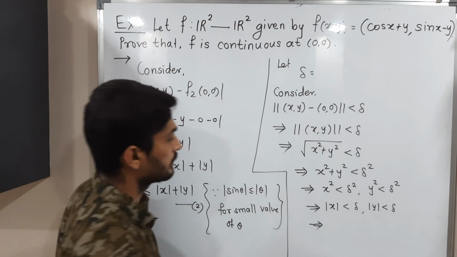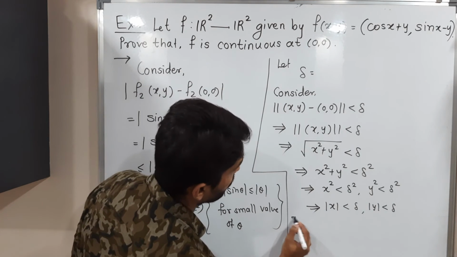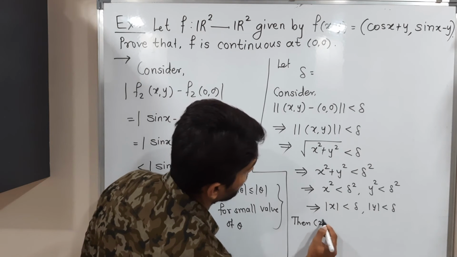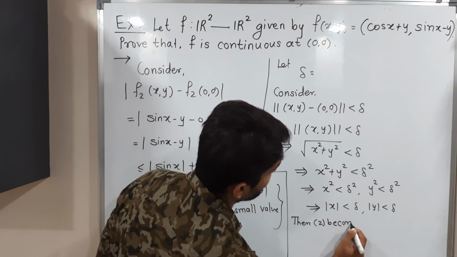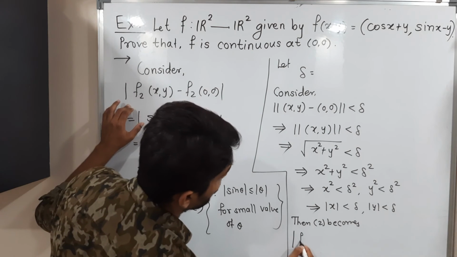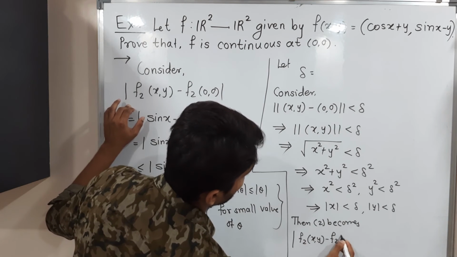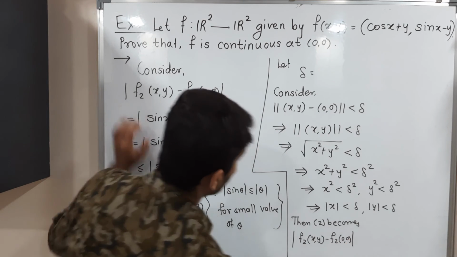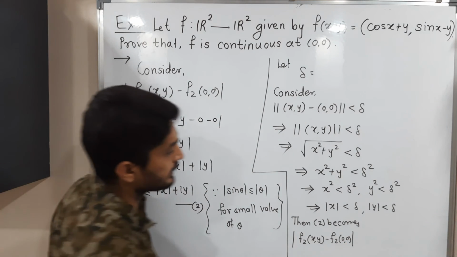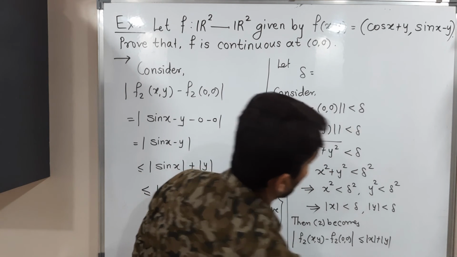Then from inequality 2 we get mod f2 of (x,y) minus f2 of (0,0). We have already proved it is less than or equal to mod x plus mod y, right?